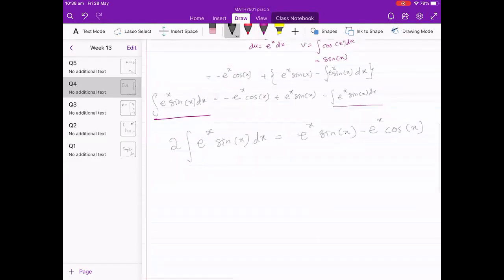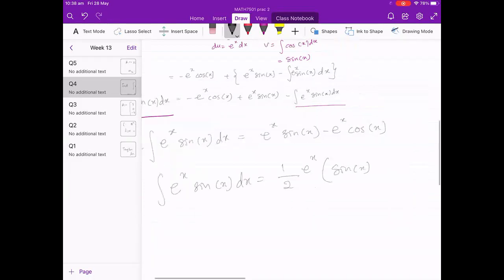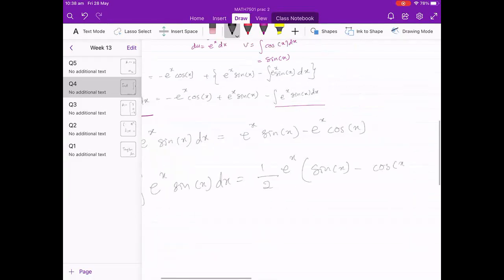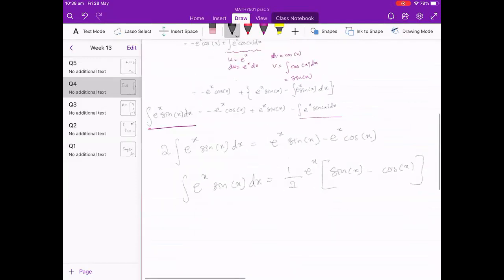That's collecting the like terms, which gives us the integral of e to the power x sin x dx is equal to, divide by 2, so that's half e to the power x times sin x minus cos x. All right. Any questions?